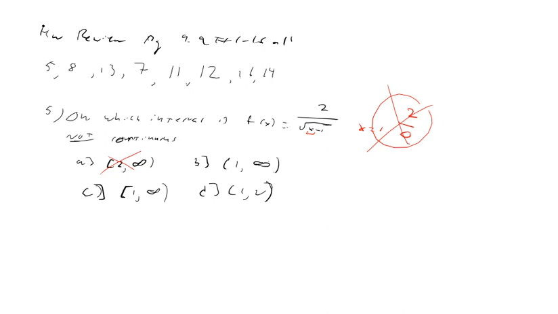And the difference, right, with B and D, both of these have a parenthesis, and C has a bracket. Does someone want to describe, or does someone remember, what the difference is between the brackets and the parentheses in intervals like this?